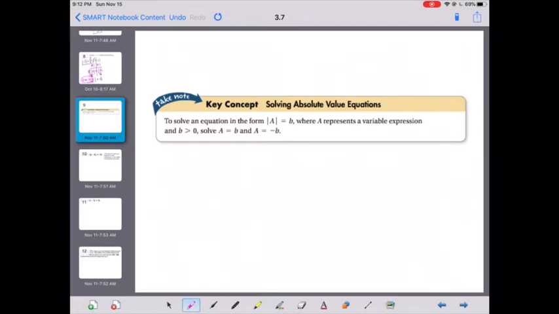All right, these are always a little bit confusing, but let's see if we can talk ourselves through it. To solve an absolute value equation in the form of the absolute value of a equals b, where a represents a variable expression and b is greater than 0, you solve it so that a equals b and a equals negative b.